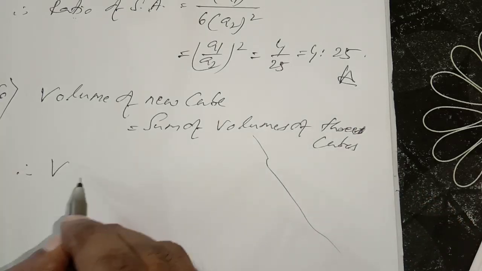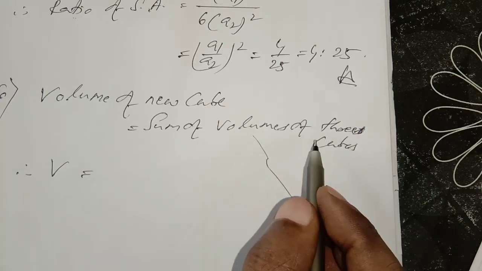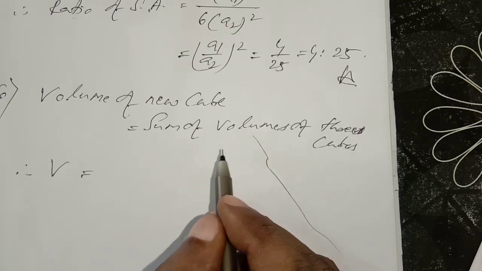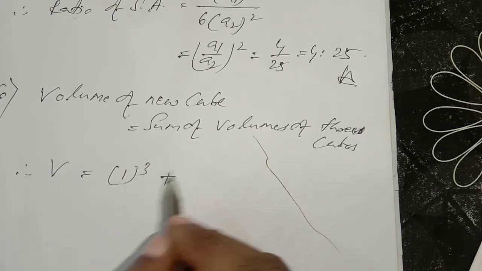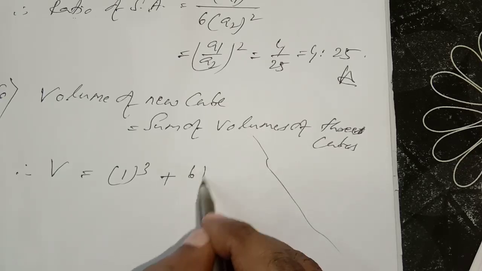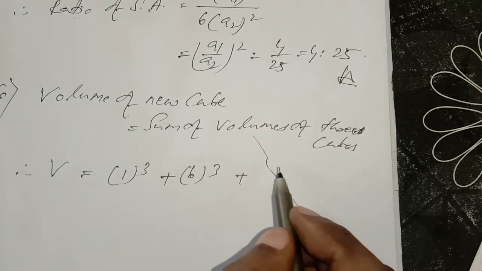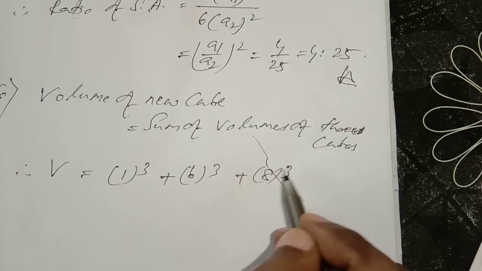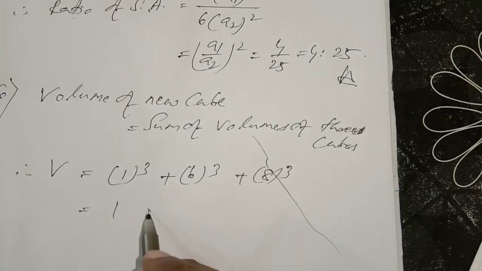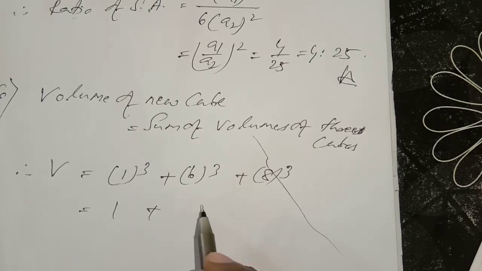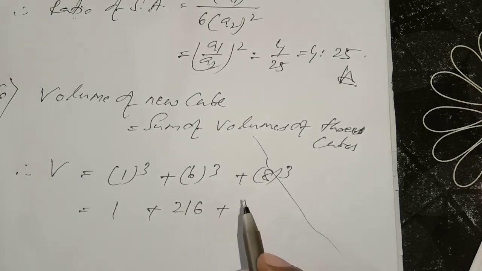Therefore, V is equal to the sum of the volumes of the 3 cubes. The sides given are 1 centimeter, meaning 1 whole cube, because the volume formula is side whole cube. Then 6 whole cube, then 8 whole cube. 1 whole cube is 1. 6 whole cube is 216.